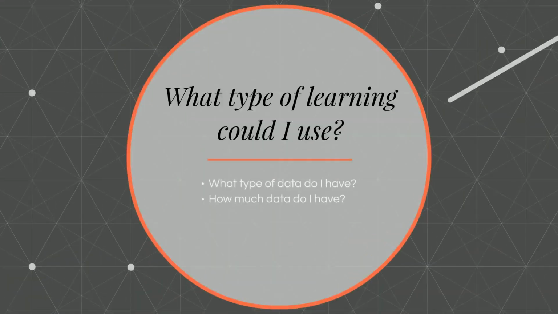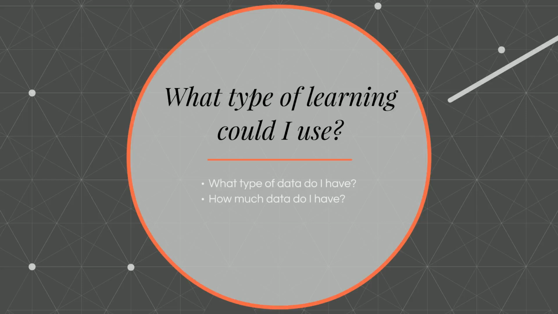What type of data you have, be it qualitative or quantitative, or even unlabeled versus labeled, is going to determine the type of machine learning that you could potentially use. Additionally, how much data do I have? If I have a data set of 15 images, I'm probably not going to be able to do machine learning on this particular problem. Remember, a lot of the data sets that we're looking at in machine learning end up consisting of thousands, 10,000s, and 100,000s of example cases.